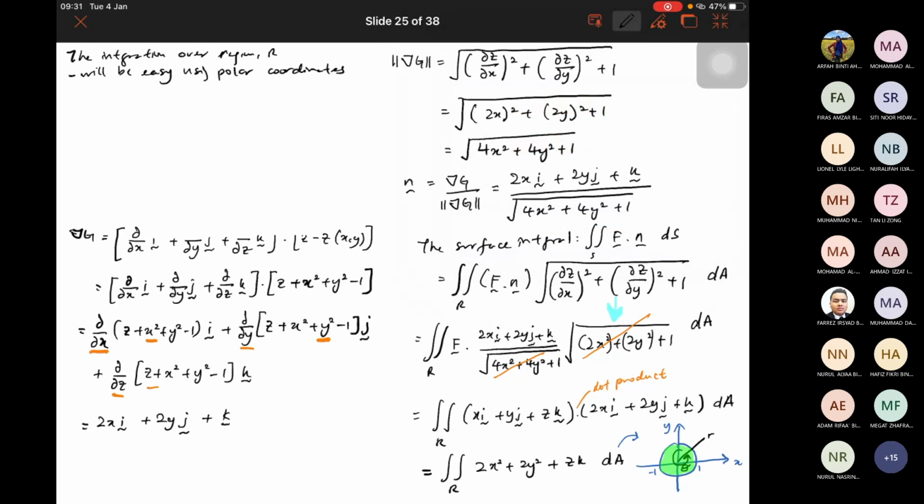So determine what is your R and what is your theta. Okay, R dari berapa ke berapa? Theta dari berapa ke berapa?